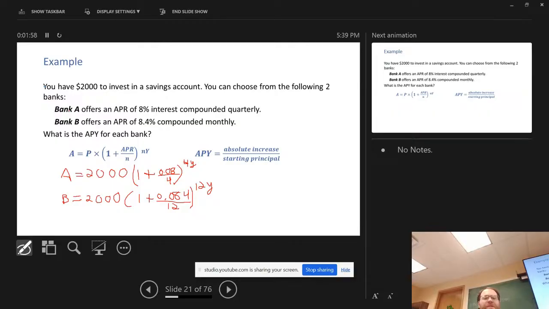And say we look at this over 1 year, since we're looking for an annual percentage yield. So that means that exponent up there would be just to the 4th, and this exponent would be the 12th.